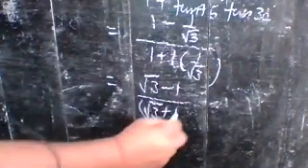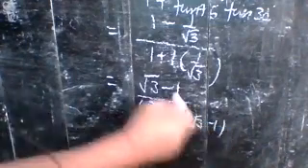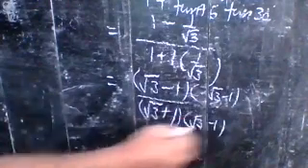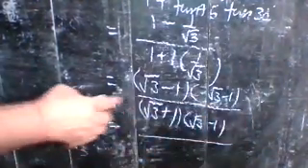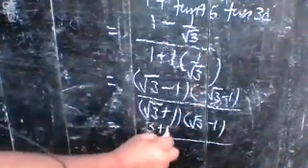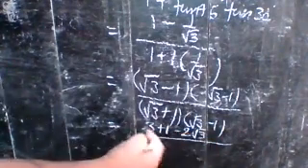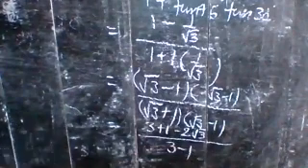So if you rationalize, you have to multiply by root 3 minus 1 in denominator and numerator. Understand? So in numerator, you have (a minus b) whole square, so 3 plus 1 minus 2 root 3, upon, in denominator, you apply a square minus b square, so 3 minus 1.